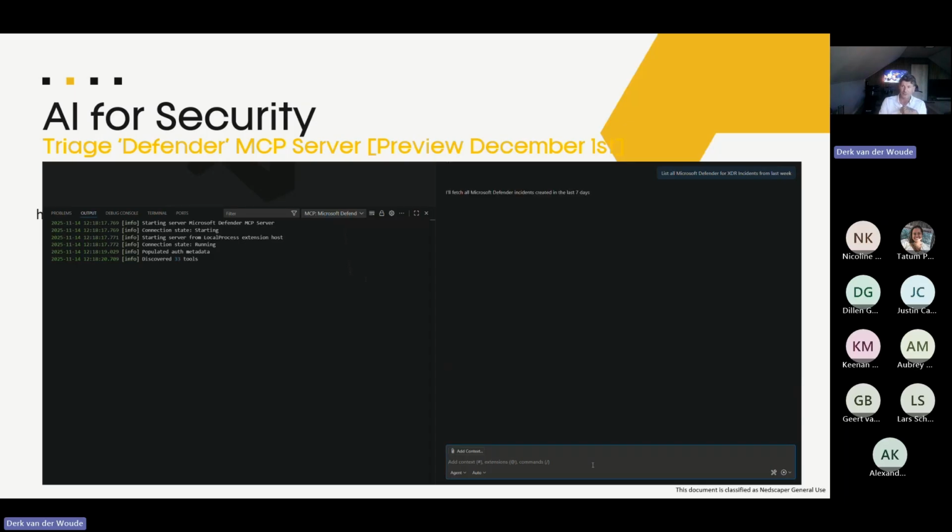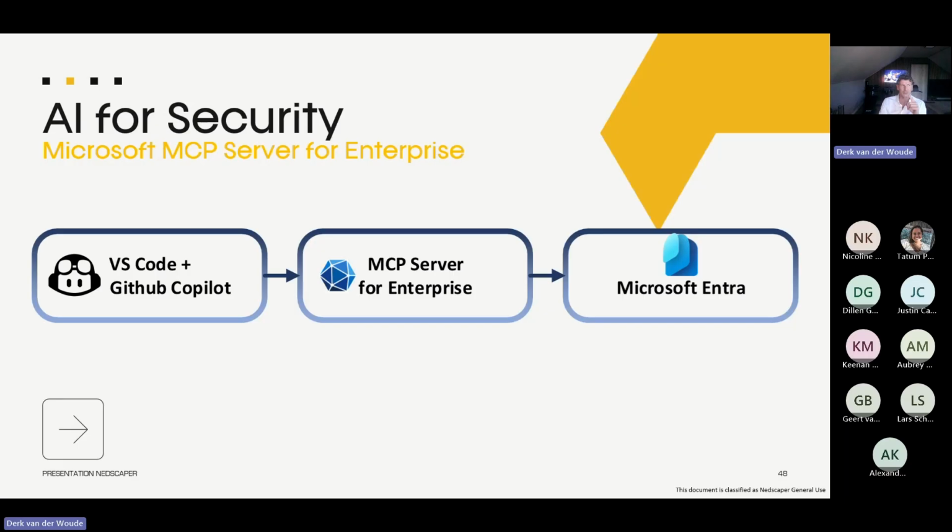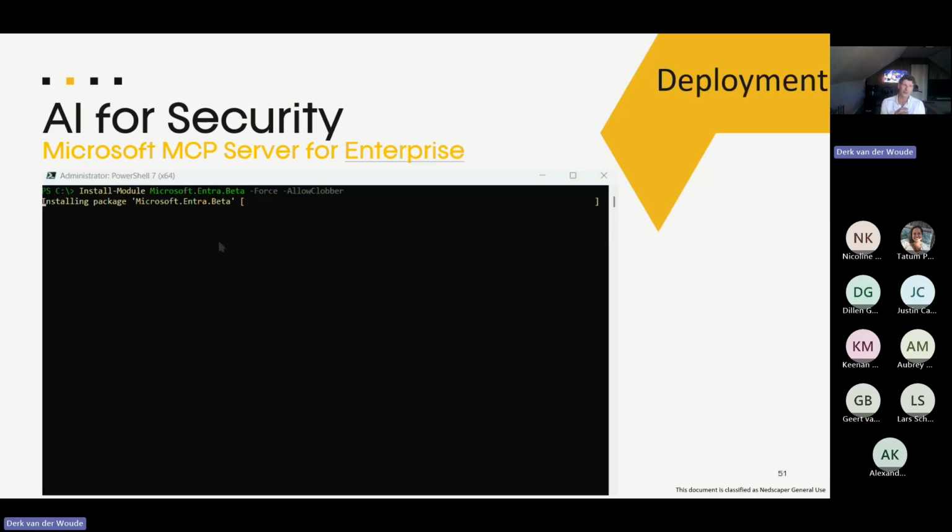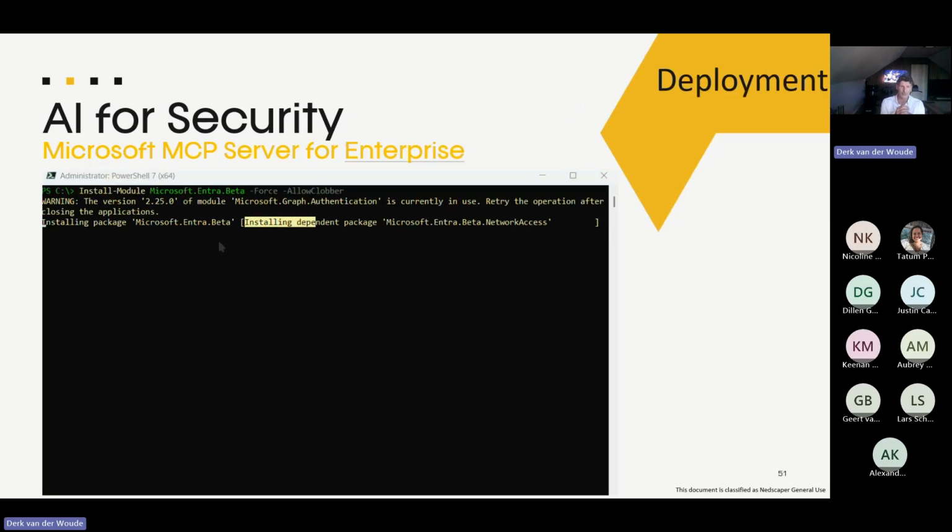Now, the last one. A lot of MCP servers were released, but this one is for Entra. It's called Microsoft MCP Server for Enterprise. I don't know if that was the best name. I would have called it Microsoft MCP Server for Entra, or just the Entra MCP server. Basically, again, you use natural language. Oh, sorry, this is the deployment.